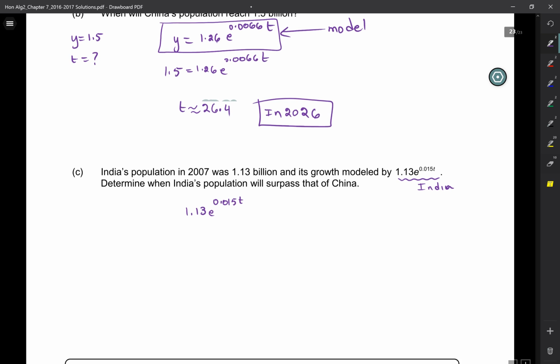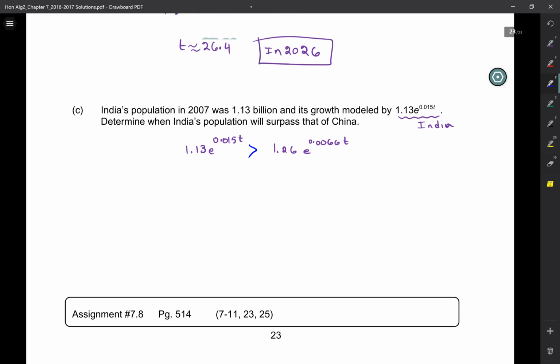And the expression for China is 1.26 e to the 0.0066 t. We want India's population to go greater than China's. So in here, I'm not going to put an equal sign, I'm going to put a greater than sign. Let's go ahead and solve this now.